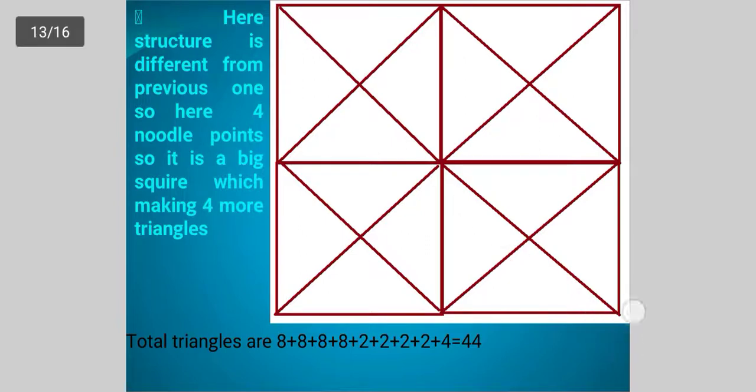What are the 4? 1, 2, 3, 4. So here are 4 more triangles. So 8 plus 8 plus 8 plus 2 plus 2 plus 2 plus 2 plus 4. Total 44 triangles are there in this picture.